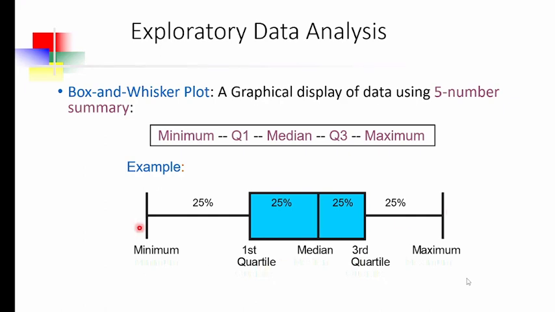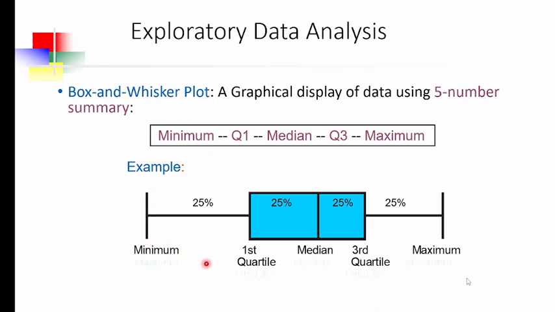Then you have to arrange the data values on the scale, mark the minimum value, then the first quartile, the median, and the maximum. These two endpoints are marked by vertical lines.